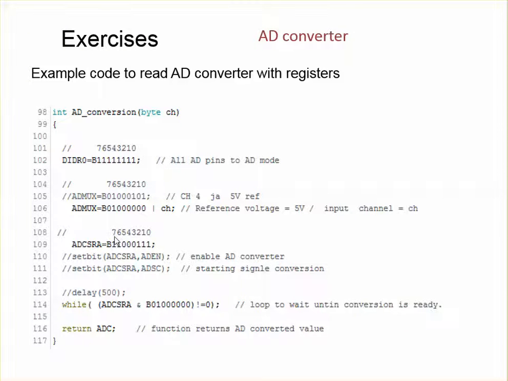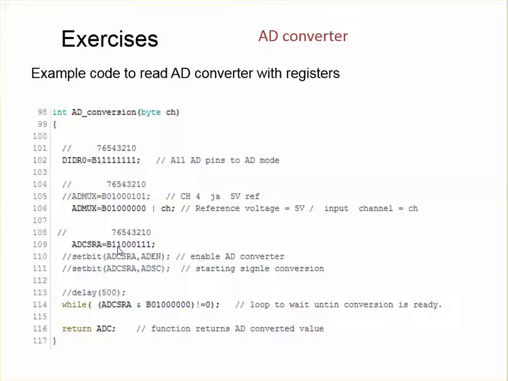Okay, now we have defined the input pin mode and reference voltage, and defined the input channel. What we have to do next is start the conversion and enable the AD converter.